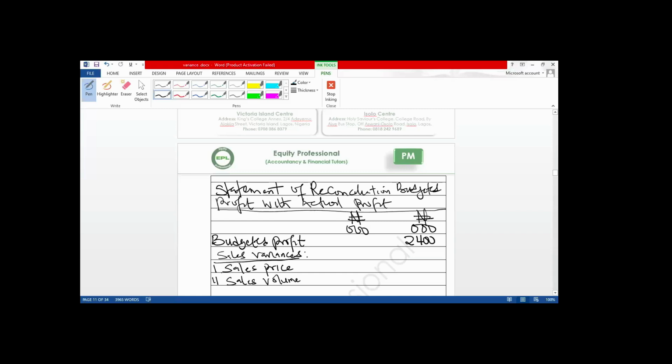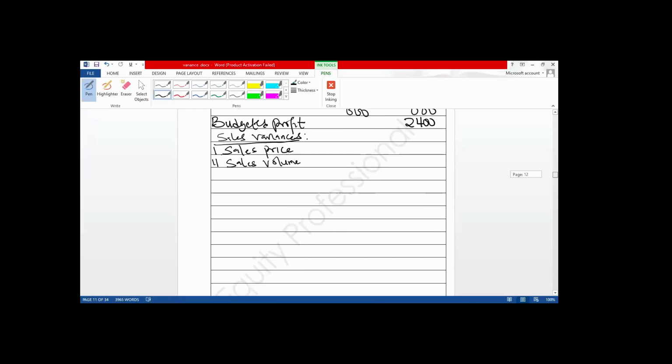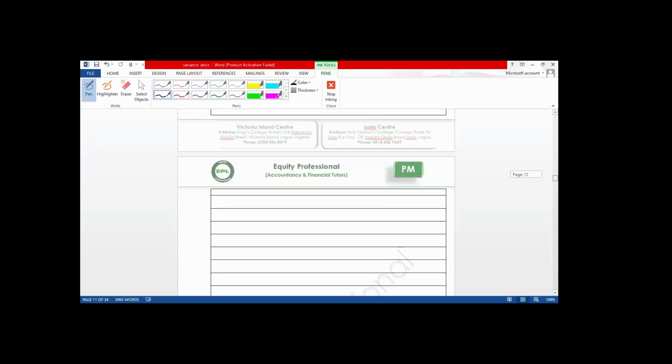If you have to calculate sales price variance, now let's go to the working down. I'll leave this page, I'll come here to working.